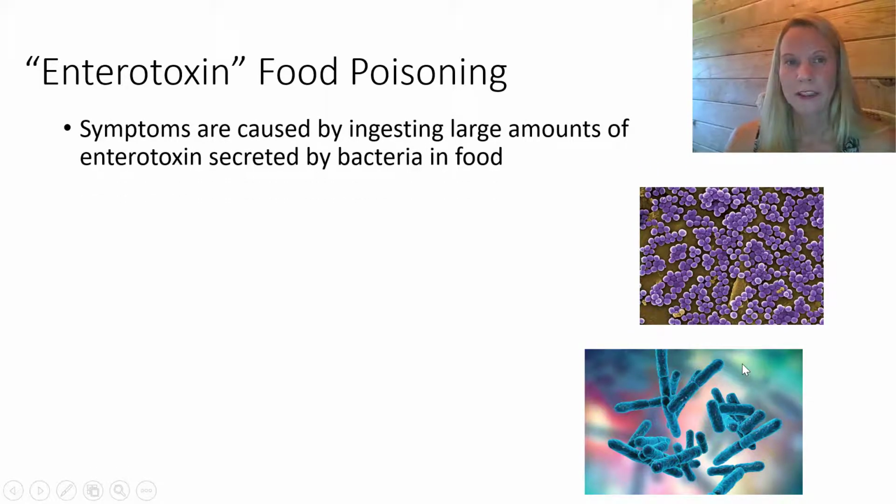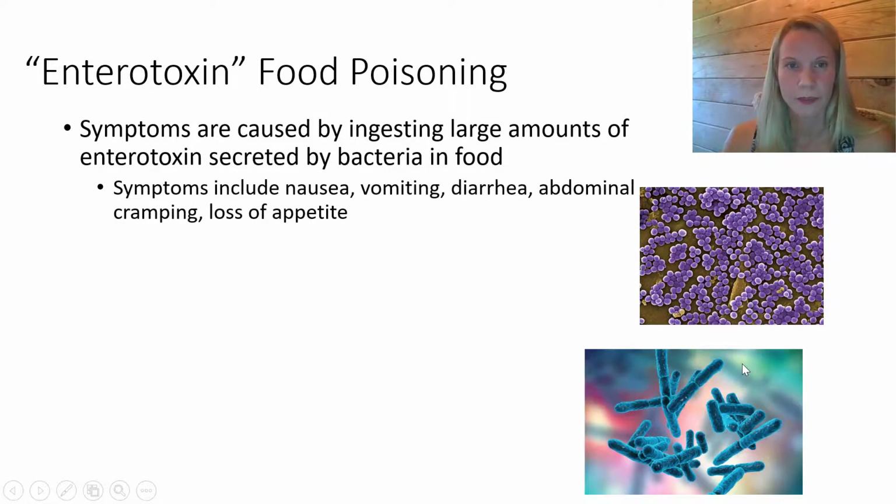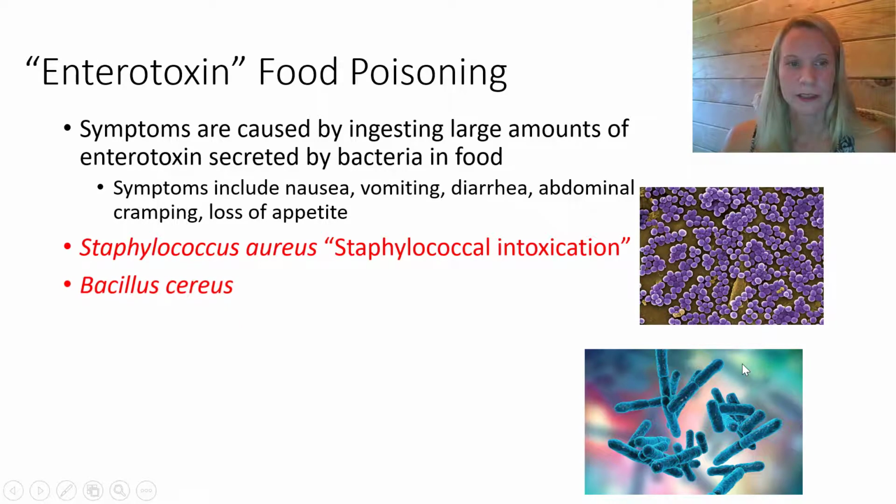So what happens is you ingest food that is contaminated with enterotoxin. And so usually this is food that you've prepared by hand, because both of the bacteria that you see here, this is Staph aureus in purple, looking like purple grapes, and Bacillus cereus here in the bottom. This is the bacillus-shaped bacteria. So both of these actually colonize people's skin pretty regularly.